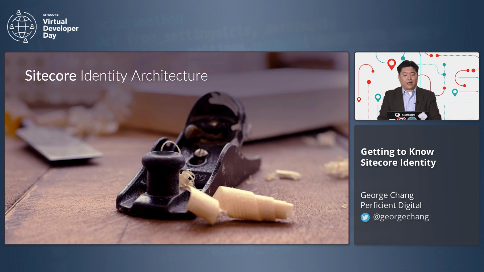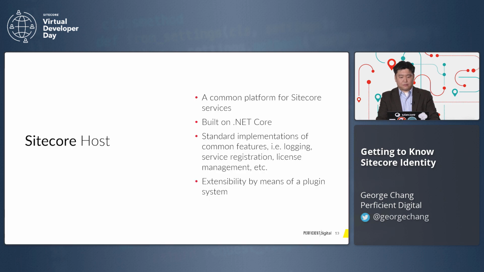So let's take a look at the architecture of Sitecore Identity. First off, we can't talk about Sitecore Identity without talking about Sitecore Host. Sitecore Host is a common platform for Sitecore services. Sitecore Identity was one of the first services to be built on the Sitecore Host framework.